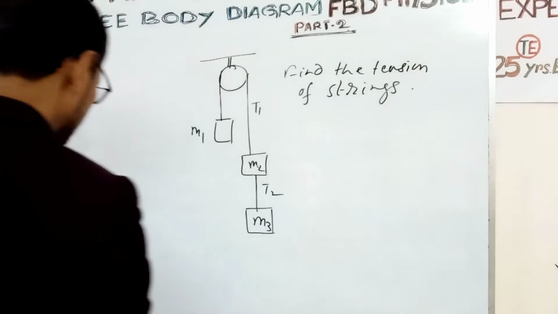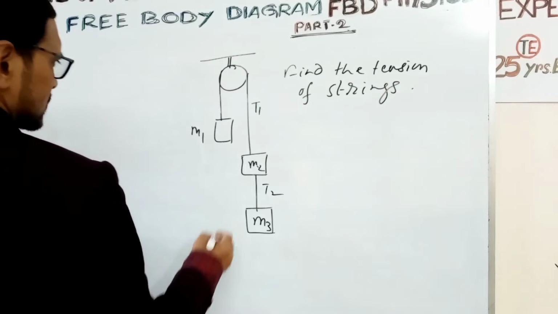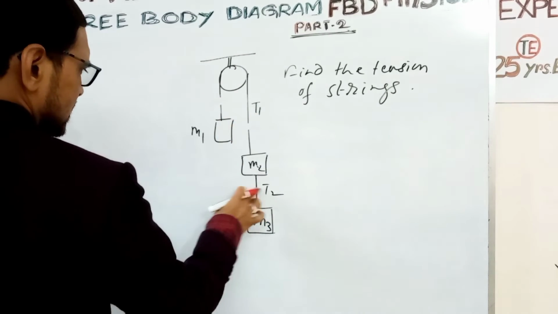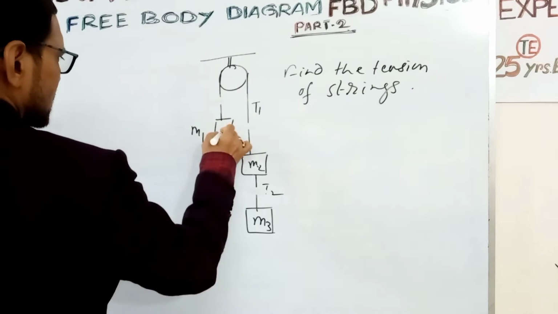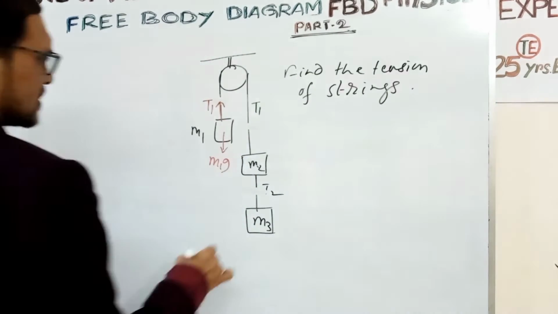Now the solution is that we have to draw the free body diagram. So here we just cut this. Now M1g acts and tension T1.